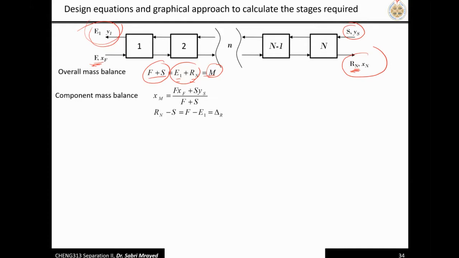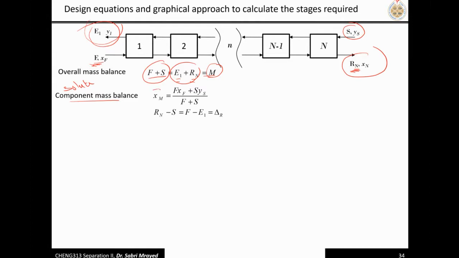Now, if you write the component balance, and the component we're referring to is the solute here usually, we use the symbol A for the solute. But usually if I say XF now, by default, XF represents the composition of the solute in the feed, and YS represents the composition of the solute in the solvent stream, which is going to be used to achieve this kind of recovery process.